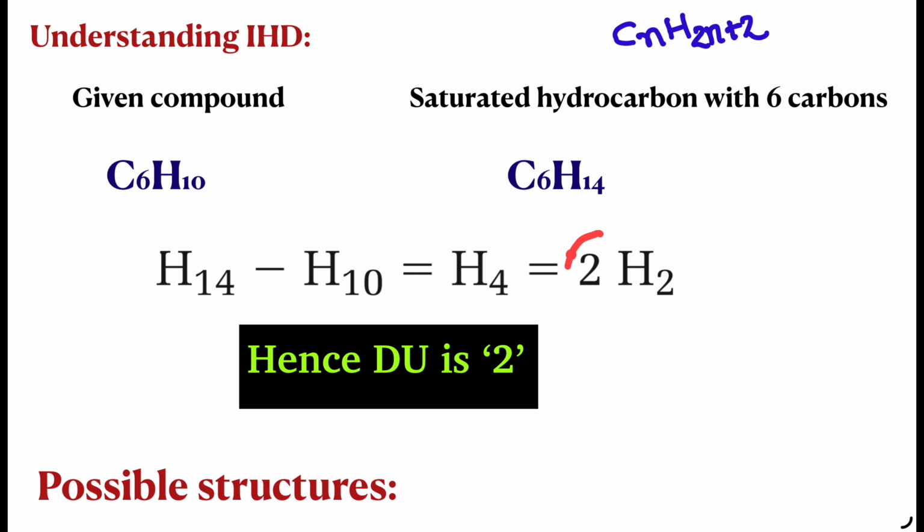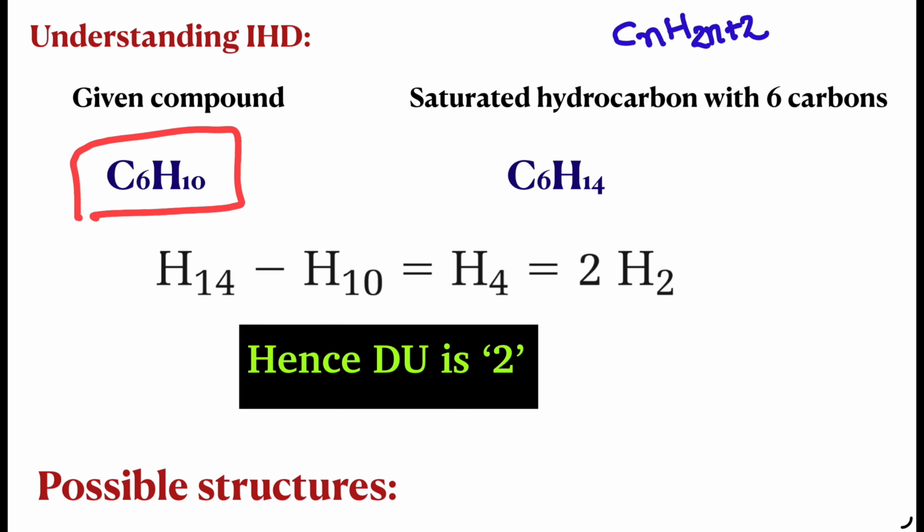In fact, this number is called degree of unsaturation. So degree of unsaturation is basically a number which indicates the deficiency of the number of hydrogen pairs when compared to a saturated hydrocarbon with the same number of carbons. That is the most important thing.